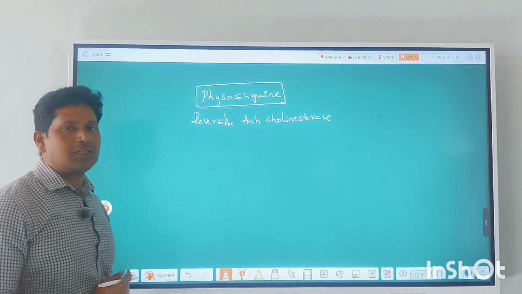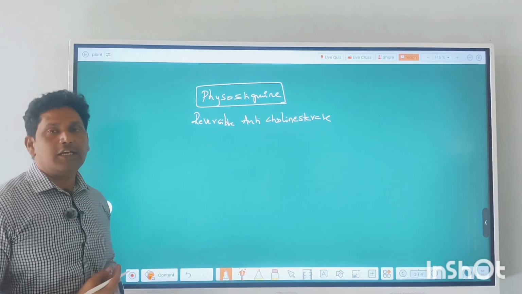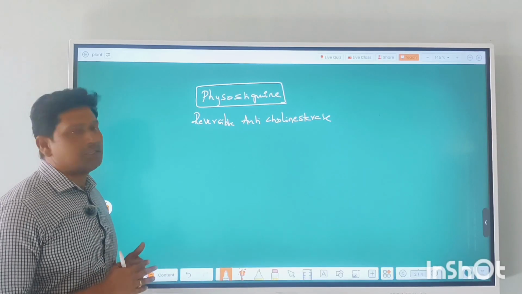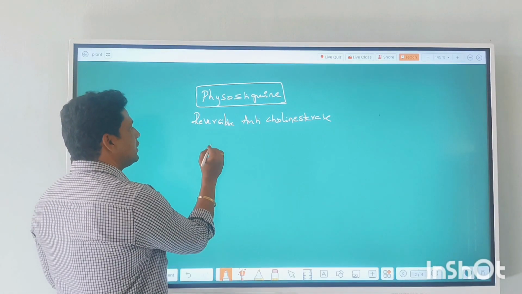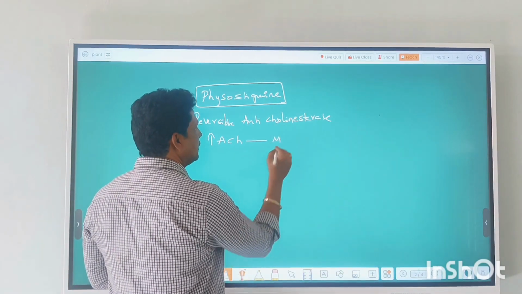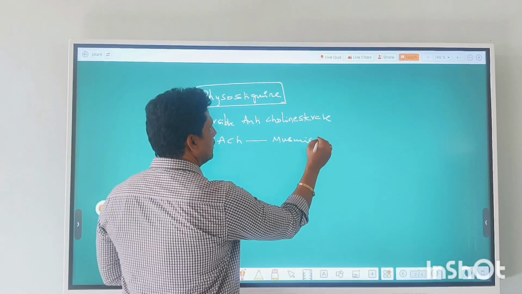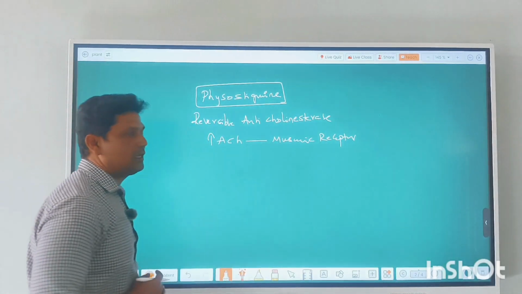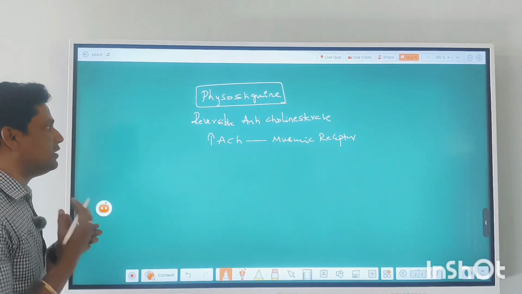After inhibition of the cholinesterase enzyme, the acetylcholine level increases. This acetylcholine binds to the muscarinic receptors, which are cholinergic receptors, and produces cholinergic actions.